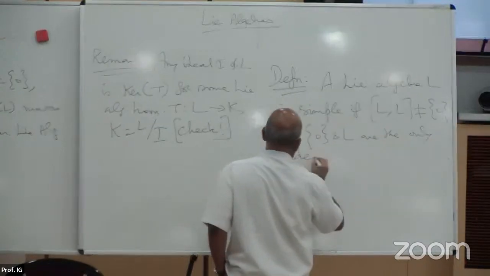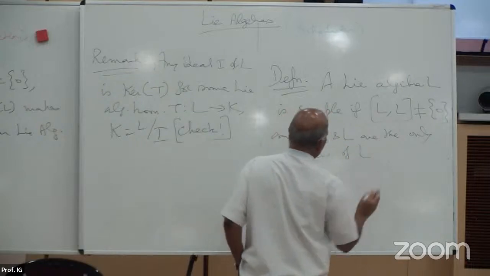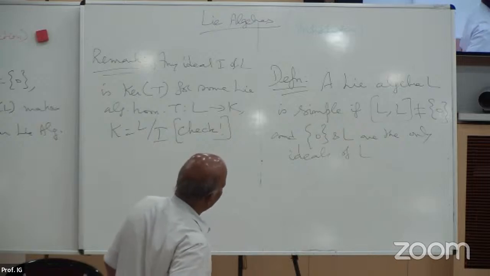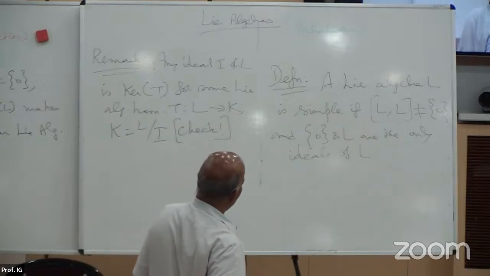We have already seen, of course, the trivial case: 0 and L are ideals.